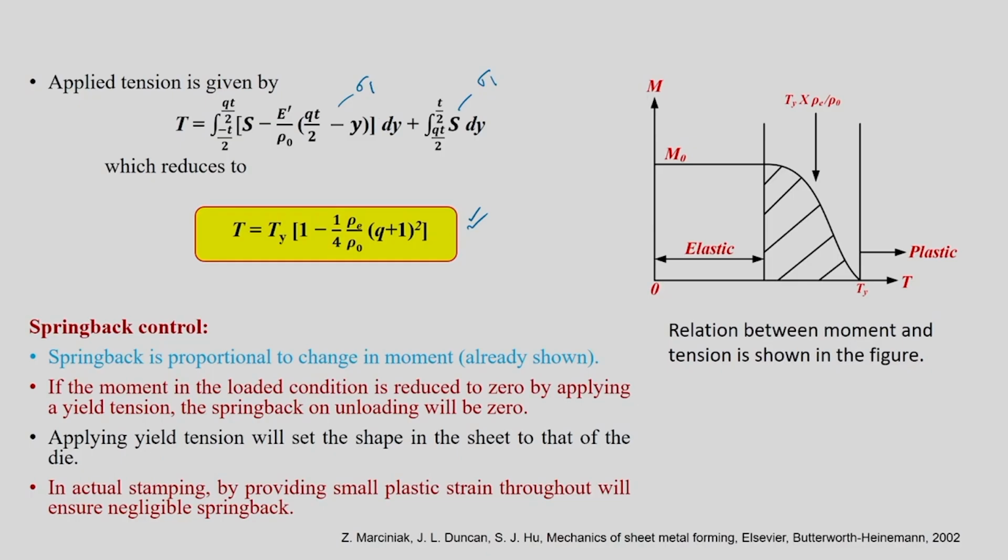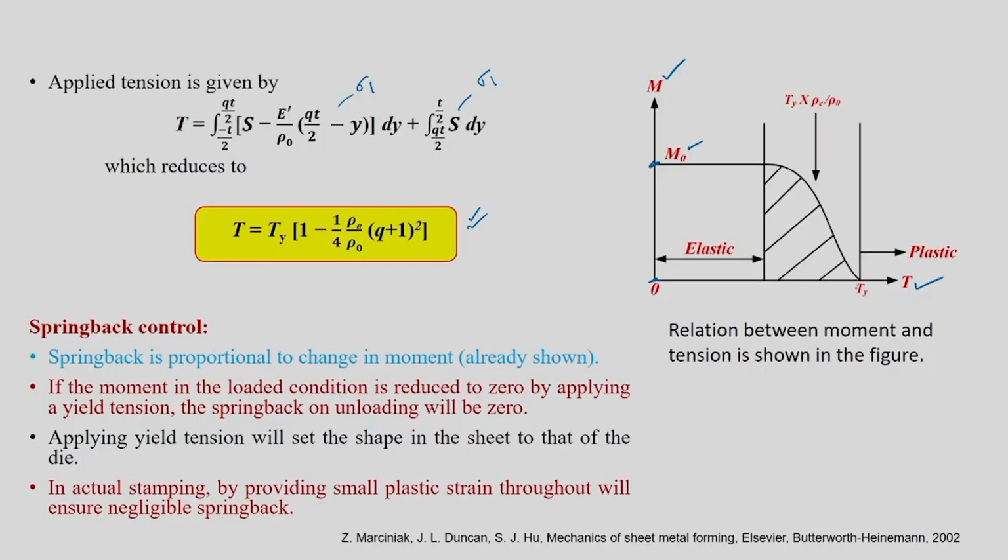In this case, if you want to relate M and T, because we are applying both: first, the moment is applied. So, when tension is 0, only moment is applied. How much? M naught, which we already calculated. That much moment is applied just to give some shape to it, and after that the full shape is given by providing tension.